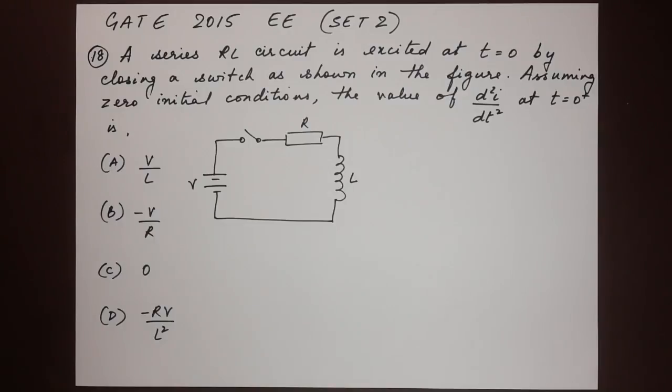Now the figure is a basic RL circuit. So all we have to do is recall and note down the standard formula or the standard equation for the current. We'll start from there. So for an RL circuit, the current is given by this equation. Let me write it down now.